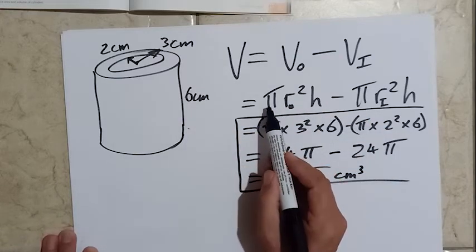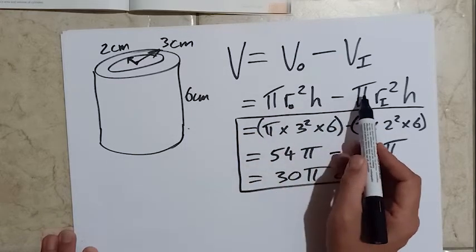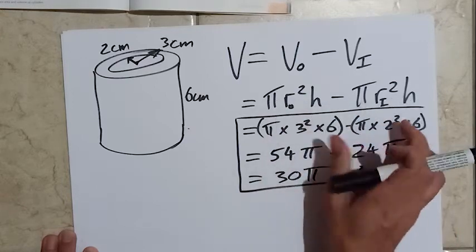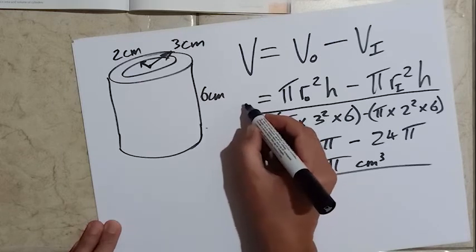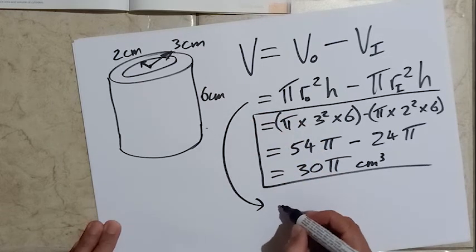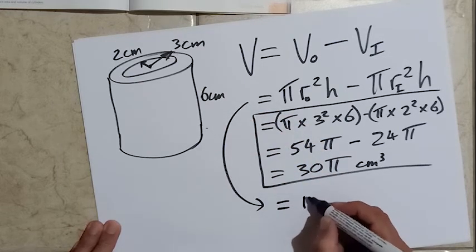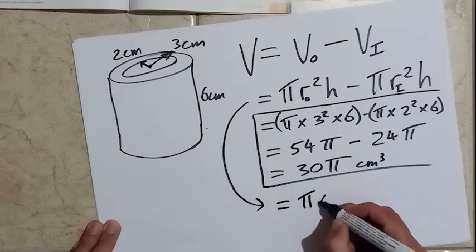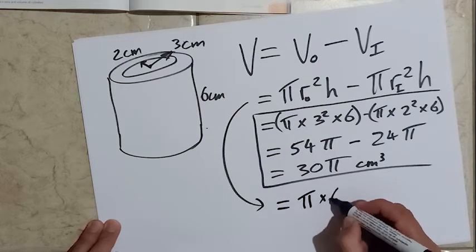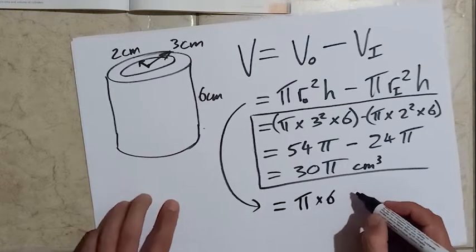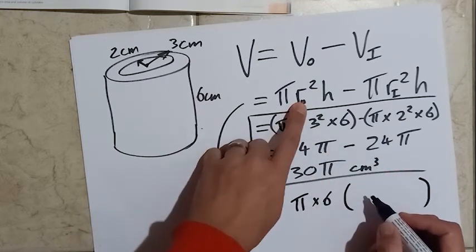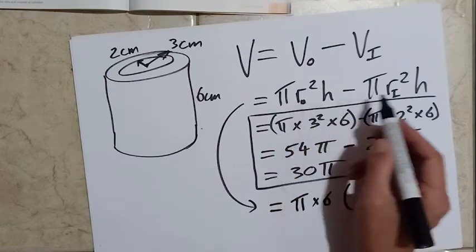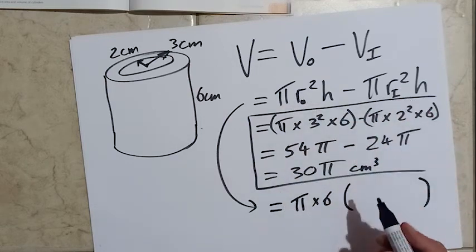Because do you notice how there is pi in both of them, and there is h in both of them? It's the same h, and obviously pi is the same. So I'm going to carry that on. I'm going to say pi times 6. And then in brackets, I'm going to put r o squared minus r i squared.